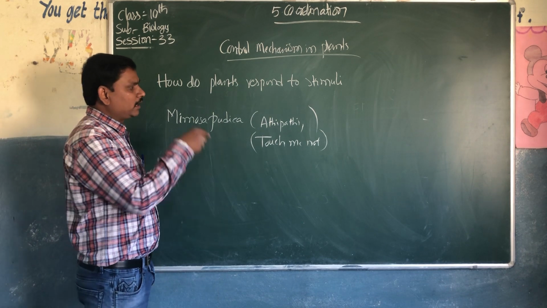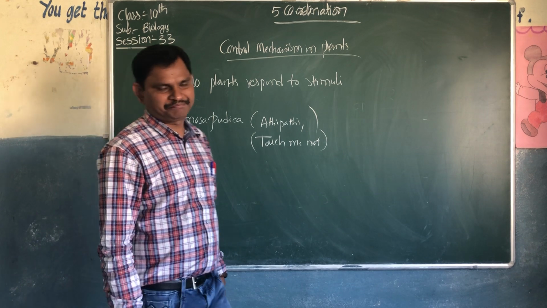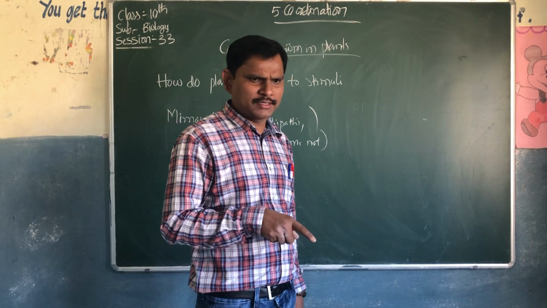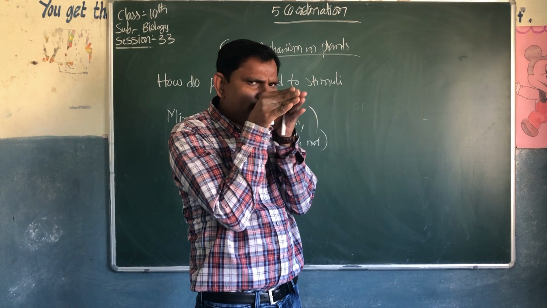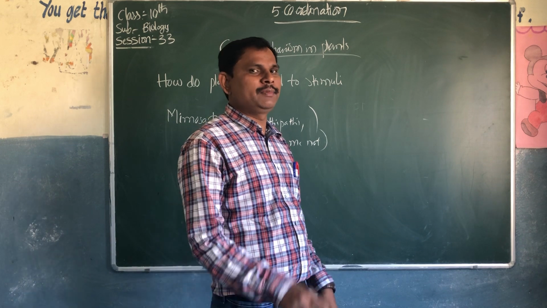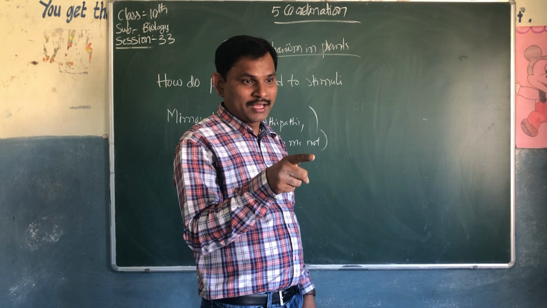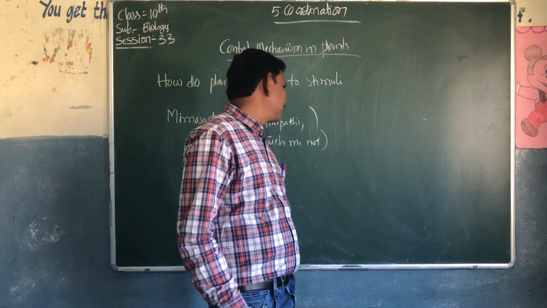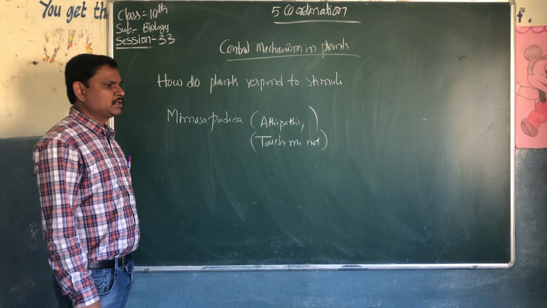I also touched it and it immediately closes its leaves. When you touch these plants, they immediately fold their leaves. It's a very interesting plant. Touch me not, the name says it: don't touch me, I will fold my leaves. Okay, like this, Mimosa pudica plants.